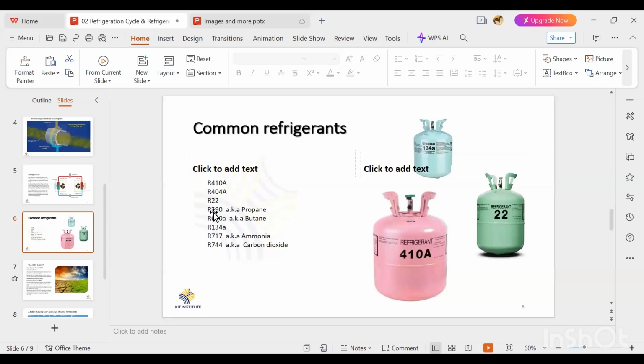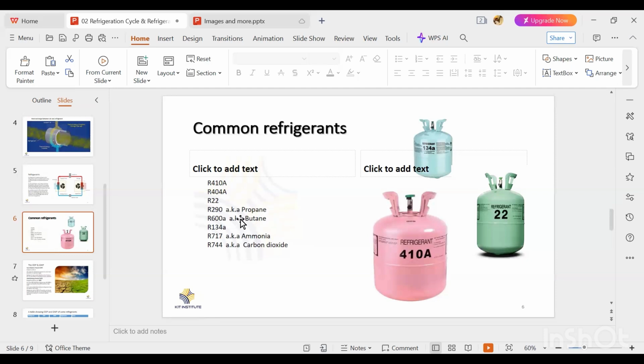Then we have the 200 series. R290 is propane. Propane is a refrigerant, but it is also the gas that you use to cook.